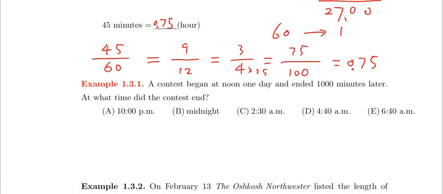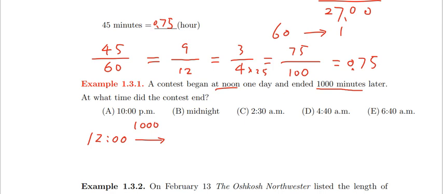So we have this kind of problem: this contest lasts 1,000 minutes. We want to find what time it ended. It begins at noon, at 12:00. So after 1,000 minutes, we need to find how many hours and how many minutes 1,000 minutes is.